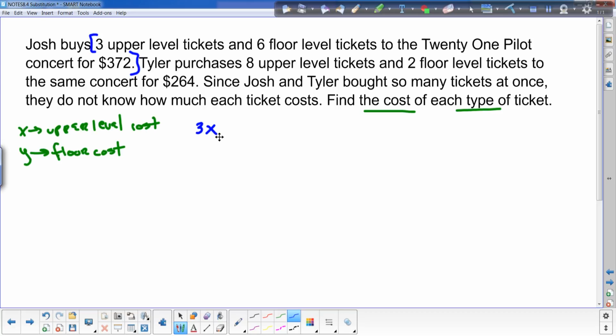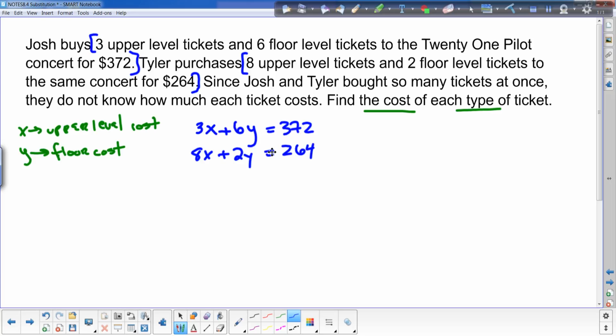So 3 tickets times the cost of each ticket, plus 6 floor tickets times the cost of each floor ticket, for a total of $372. Tyler purchased 8 and 2. He purchased 8 upper levels times the cost of each ticket, plus 2 floors times the cost of each ticket, for a total of $264.